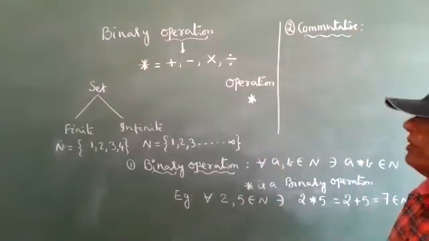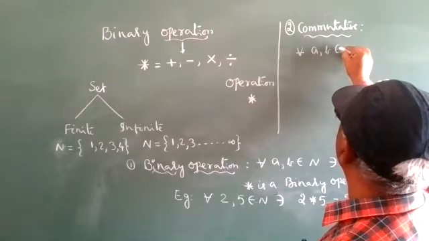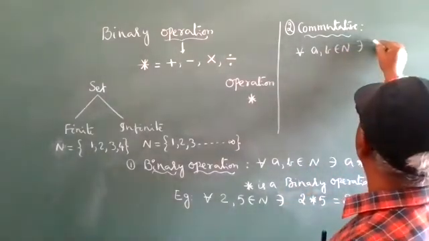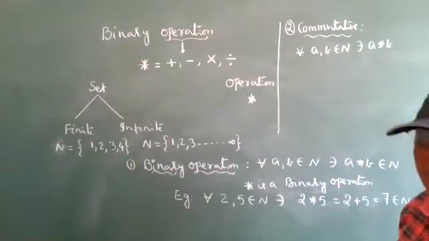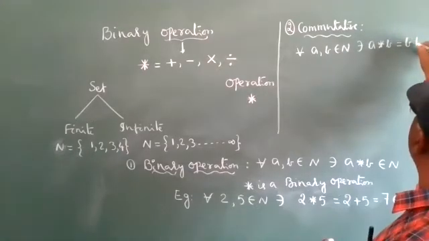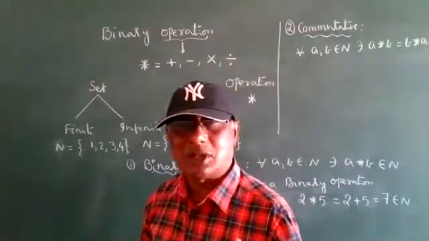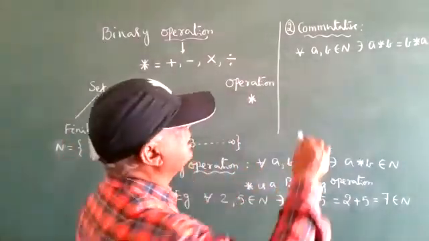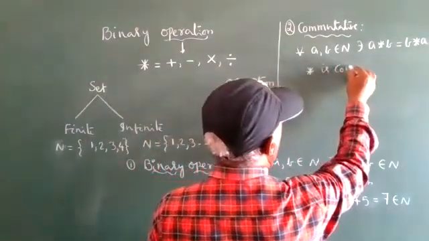Everyone see, two elements we can take, for all A, B belonging to the natural numbers such that A binary operation B value is equal to B binary operation A value, reversed. A star B is equal to B star A. Then we say that star is commutative.